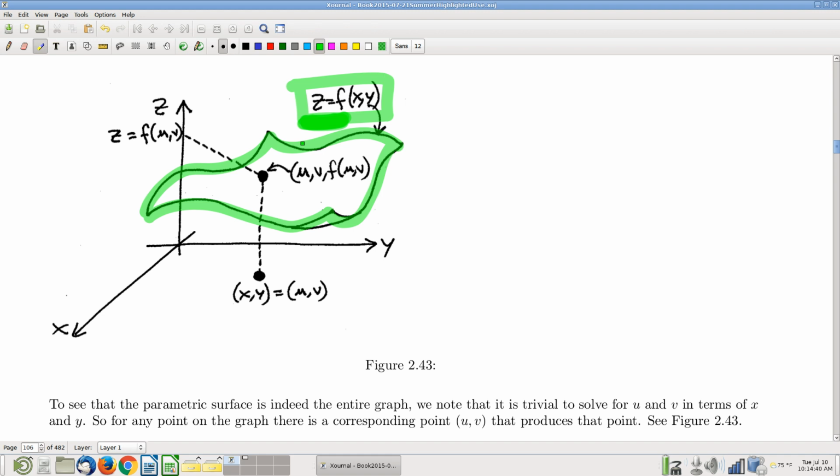Okay, well, if z is f of x, y, go ahead and make the choice that we're going to let x and y be u and v. And having made x and y u and v, well, wait a second, you plug that in there, and that pretty much means that z has to be f of u v. And there's your parameterization: u comma v comma f of u comma v. So this is a graph parameterization of a surface. Again, great trick. Really cool.